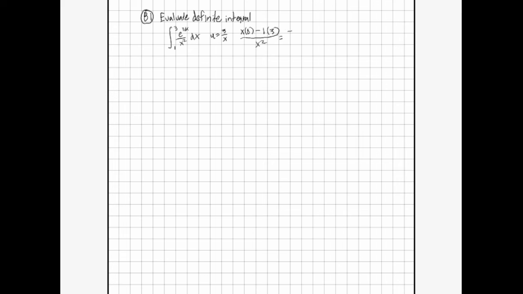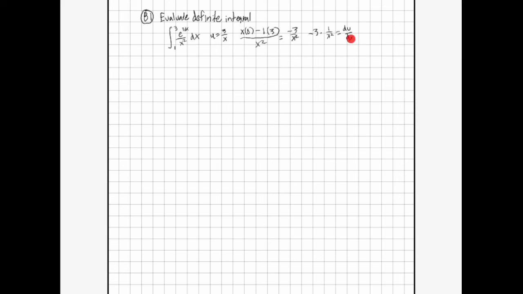And that just equals negative 3 over x squared, right? And with this, I can simplify it down to negative 3 times 1 over x squared. Now look at this, that equals du over dx. Boom. Look at this. It matches up with the x squared down there.